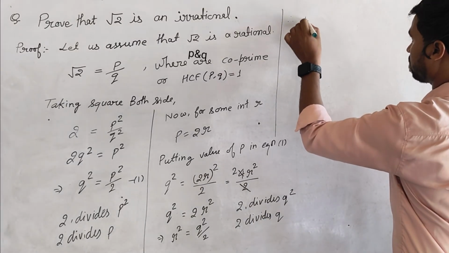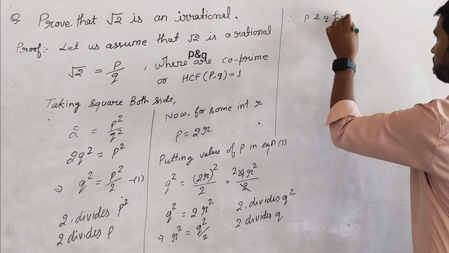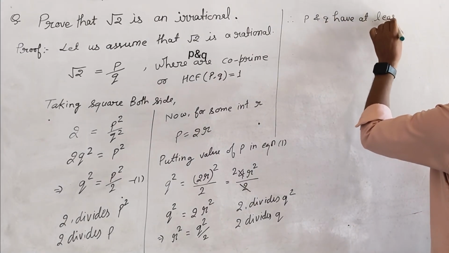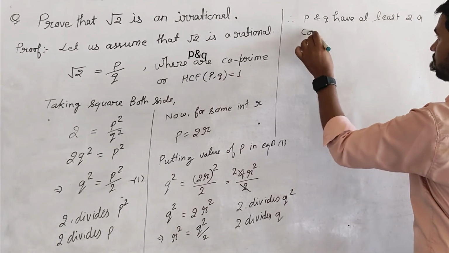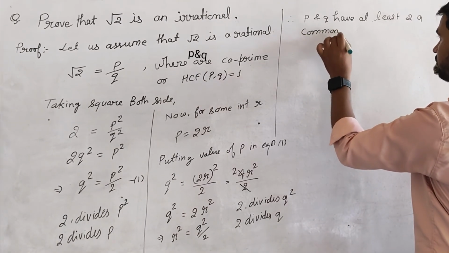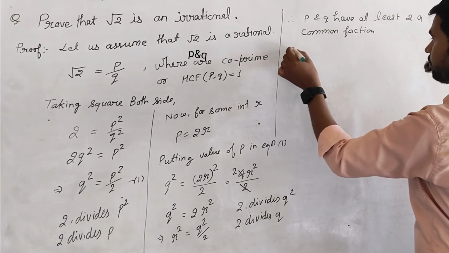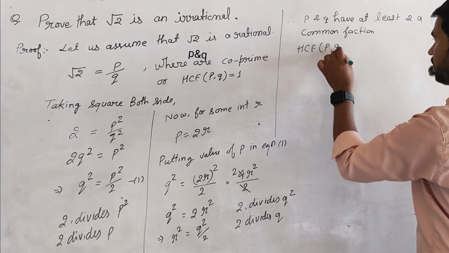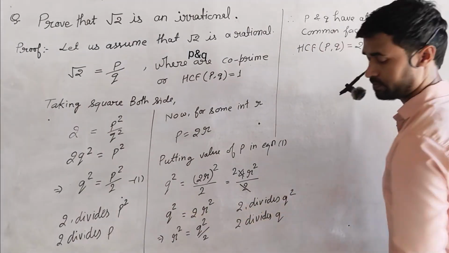Therefore p and q have at least 2 as a common factor. It means the HCF of p and q is 2 from here, this and this.